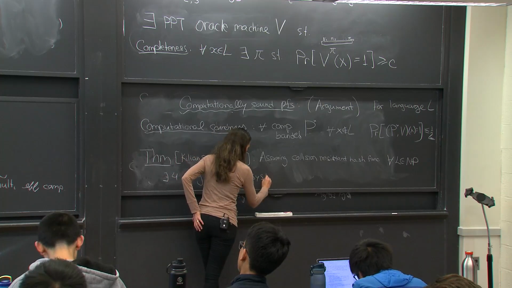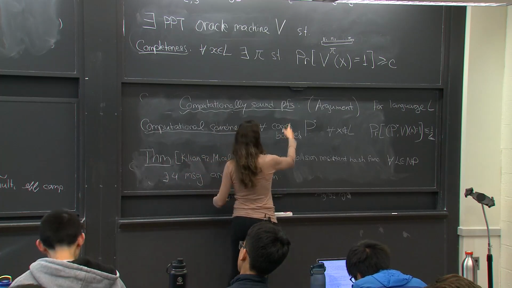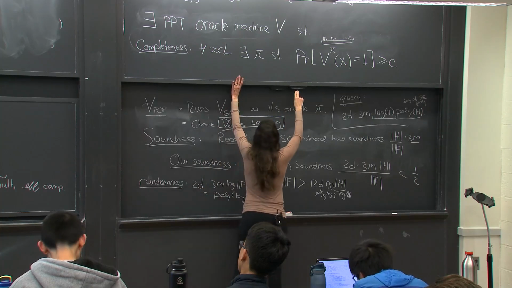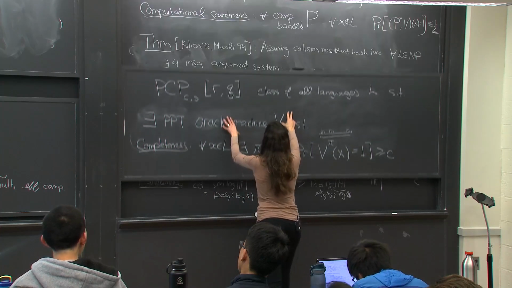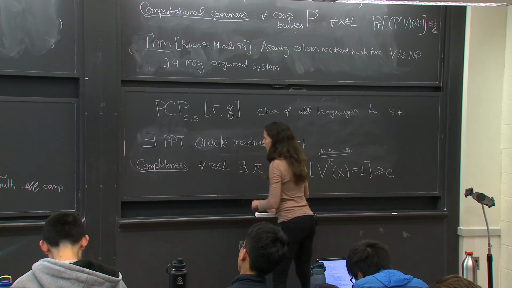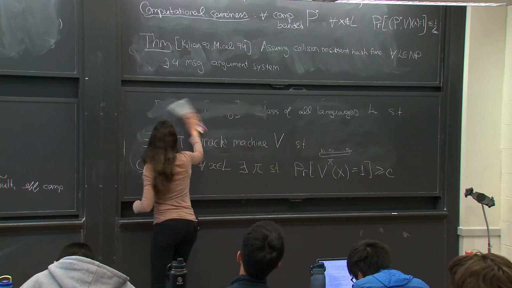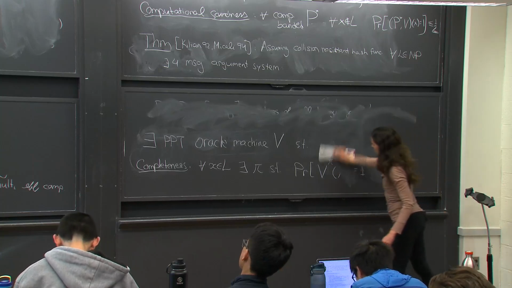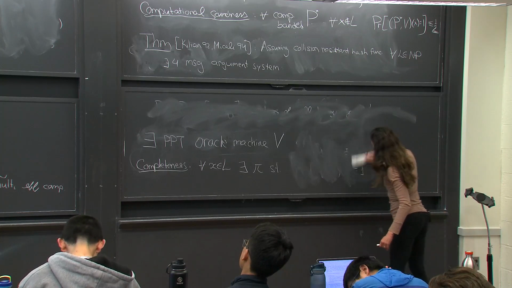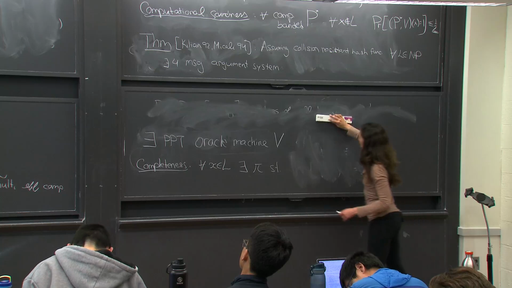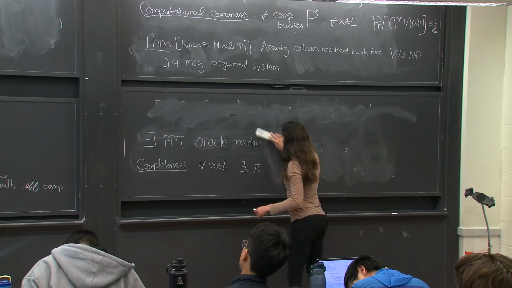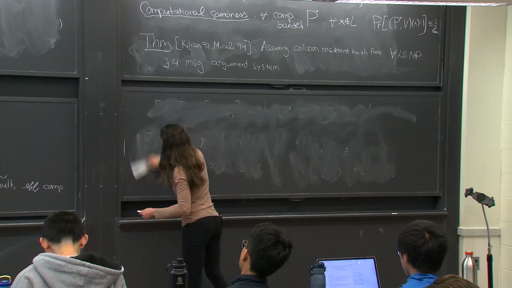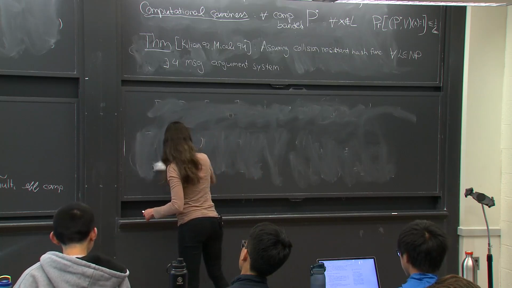Now let me define the argument system more formally. Once we use cryptography, when cryptography comes along, then we use some cryptographic primitives, and these cryptographic primitives have some security parameter associated with them.